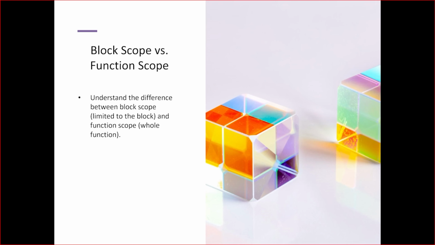These concepts become particularly important with the introduction of ES6, which added new ways to declare variables that behave differently in terms of scoping. All right, now we're going to see if we can do a couple of examples.